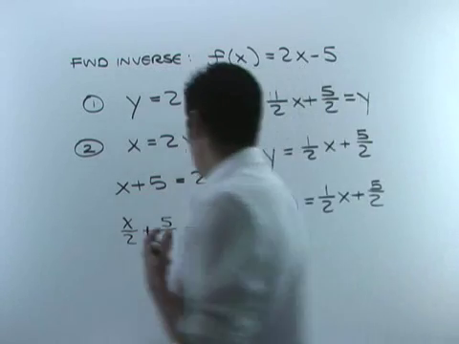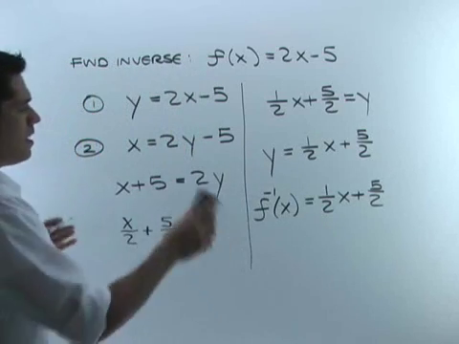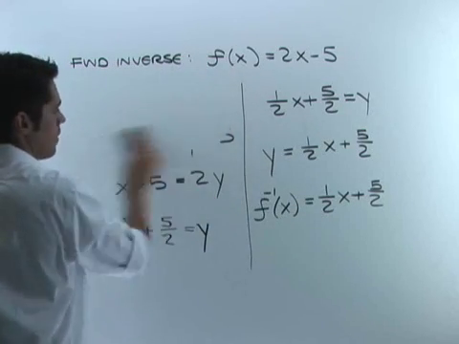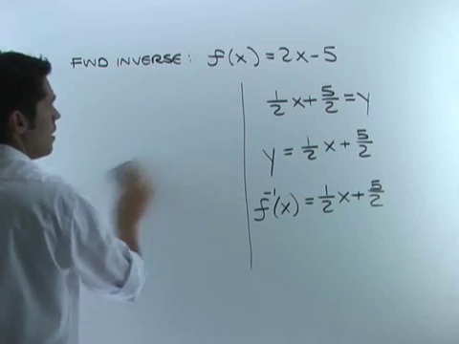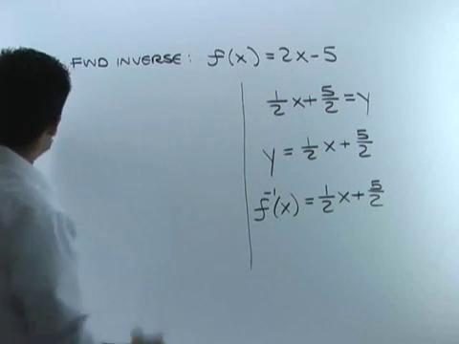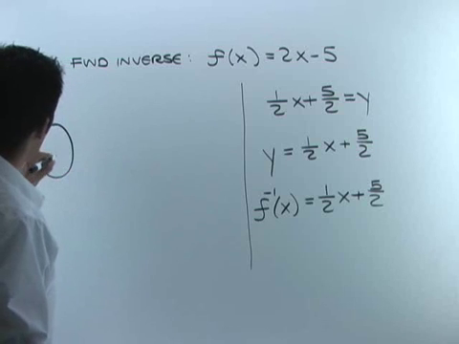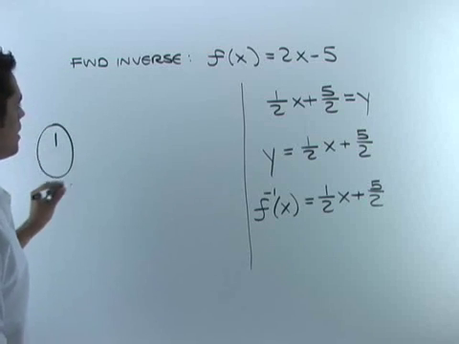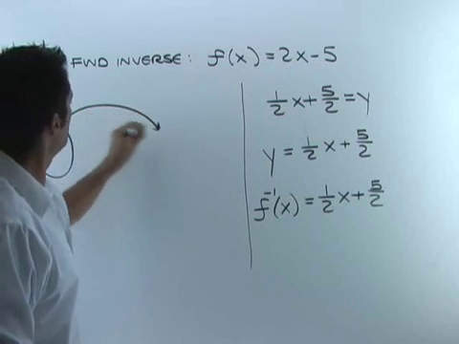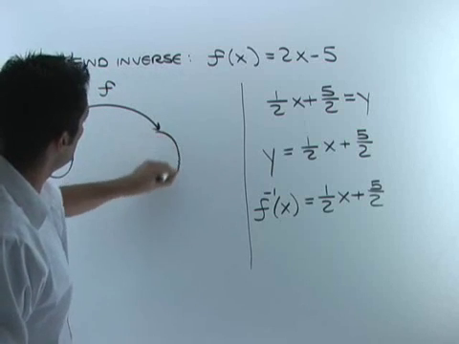Now what I'd like to do is show you what the inverse function is actually doing. Let's take this original function and imagine that we plug the number 1 into that function f and see what it does with the number 1.